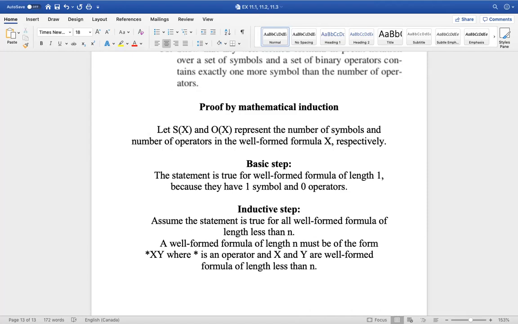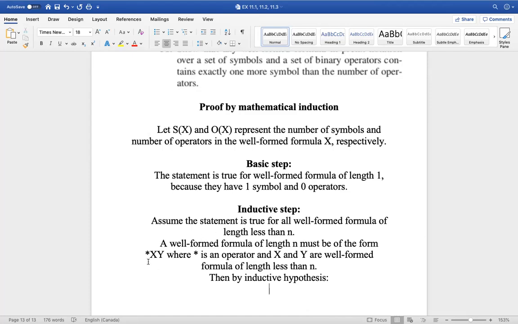Then by inductive hypothesis. So basically in the inductive step, we assume that it is true for well-formed formulas of length less than n, and then we have to prove it for length n plus 1.